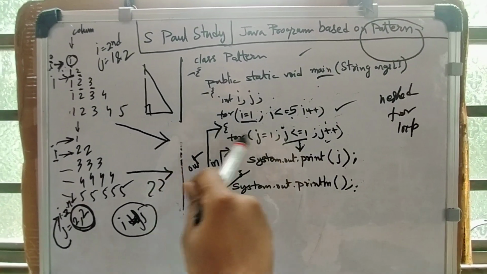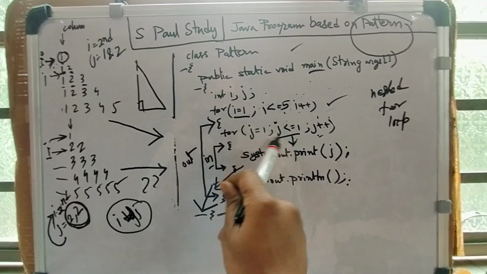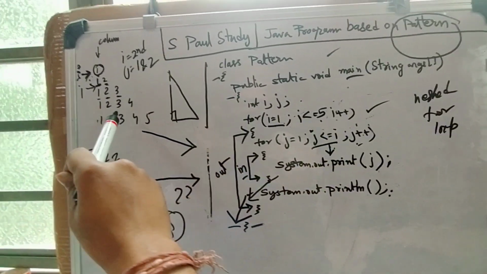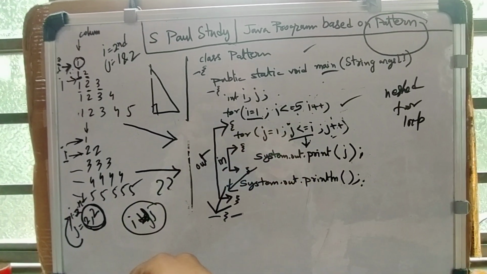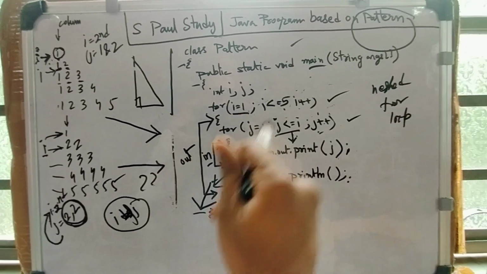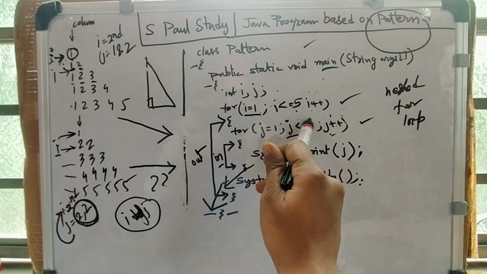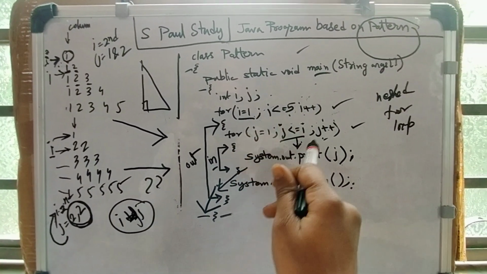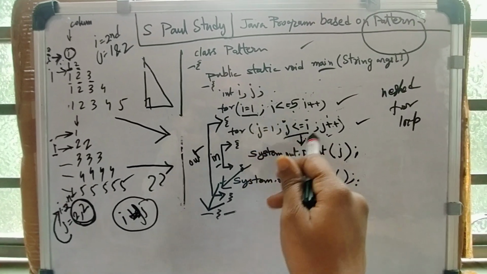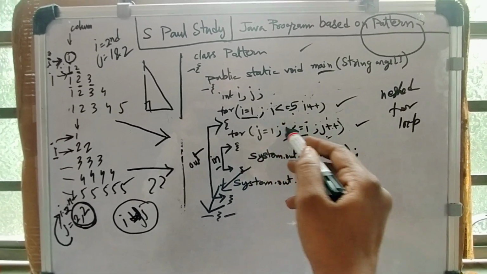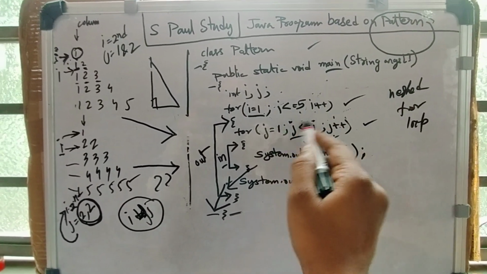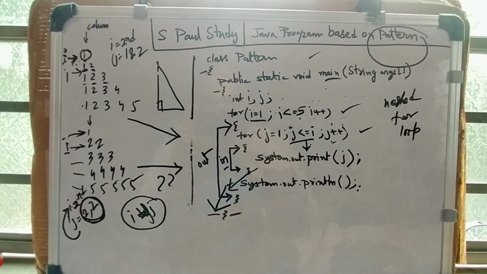But if we come to the next line, you see j equals 1, j less than or equal to i. Previously it was i, and for this also it will be i, because if you check the condition, i is running and j is checking against it, meaning i and j are checking each other.